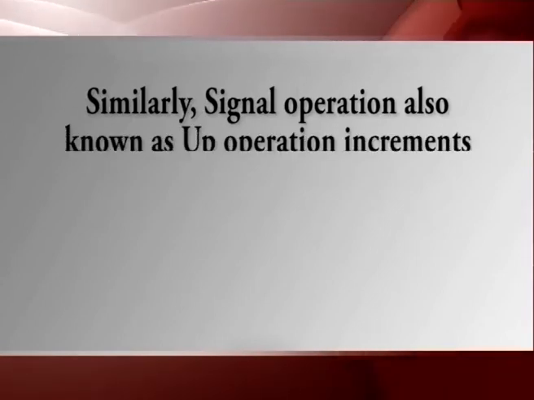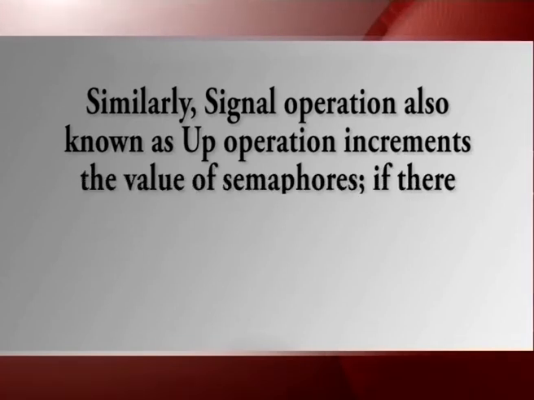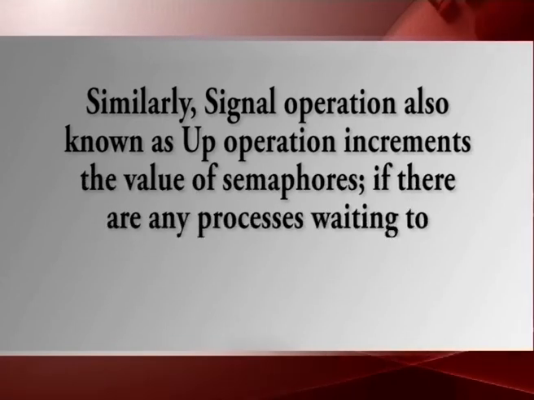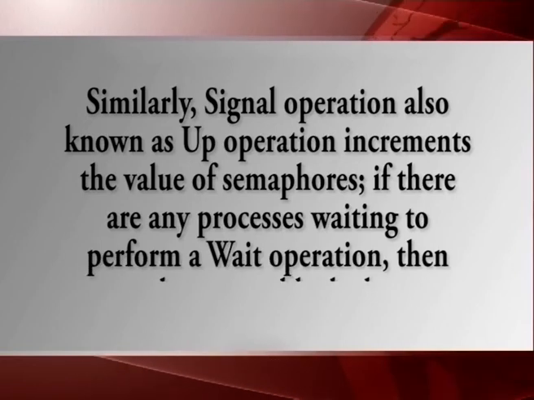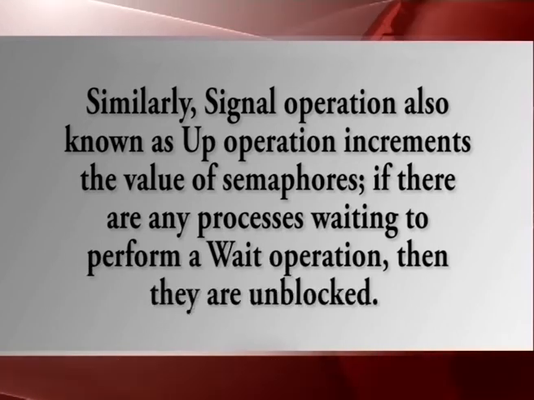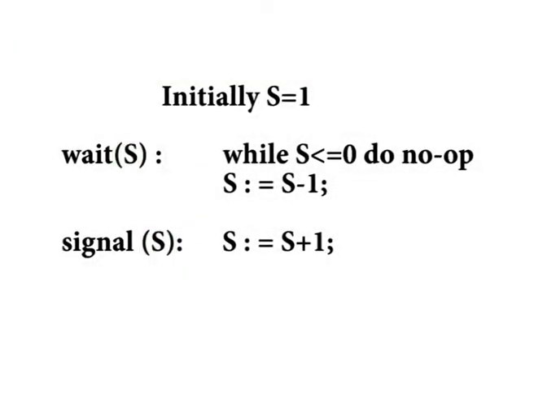Similarly, the signal operation, also known as the up operation, increments the value of the semaphore. If there are any processes waiting to perform a wait operation, then they are unblocked. The syntax of wait and signal has been shown in this figure. Here we have used semaphore S. Initially the value of S is 1.